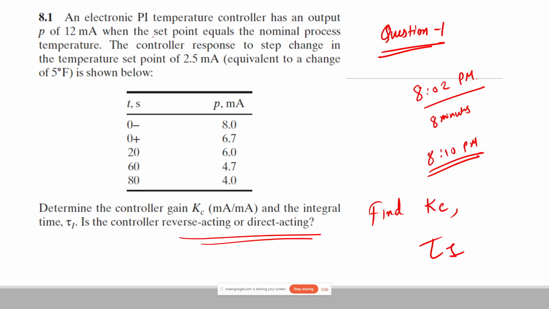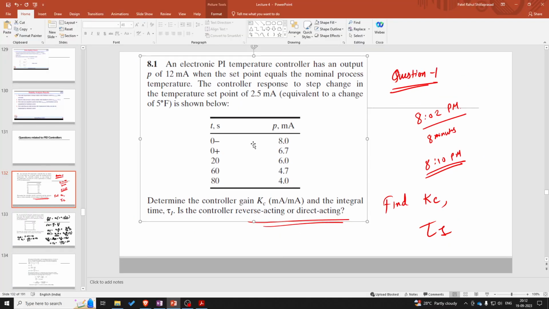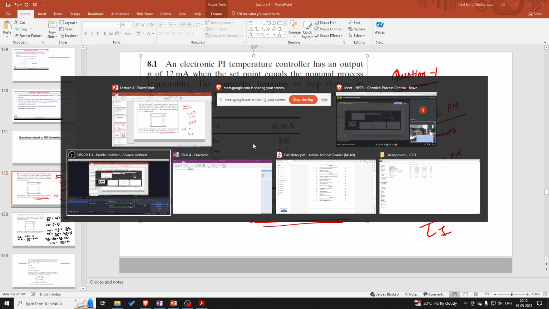The question states that we are given a PI control, and corresponding to that we have been provided this data, and using this data we have to find the controller parameters, that is Kc and tau I. So let's solve this question.